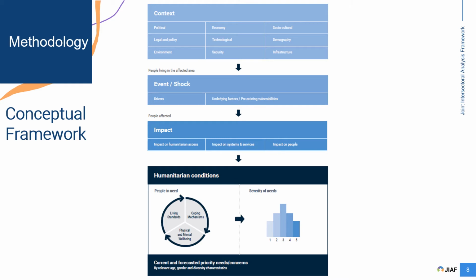Each pillar contains sub-pillars. You see in the context, there are 9 defined, starting with political, economic, social-cultural, etc., all the way to infrastructure.